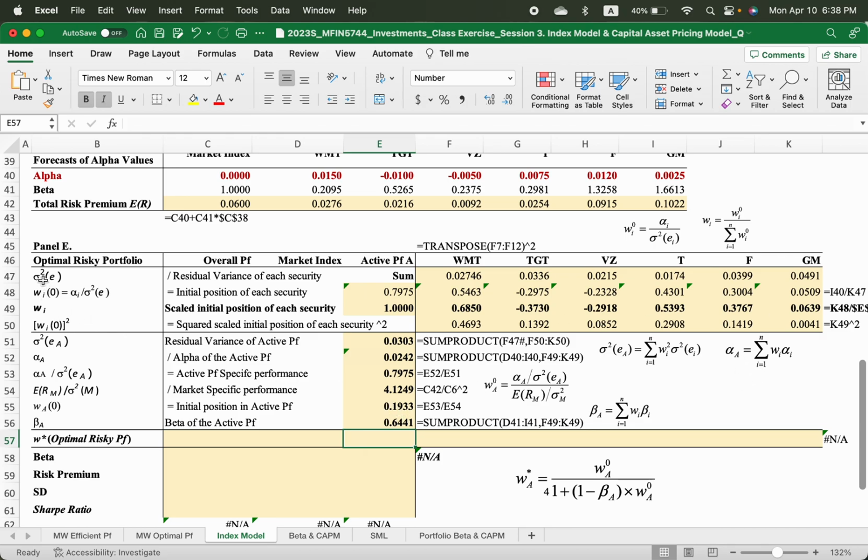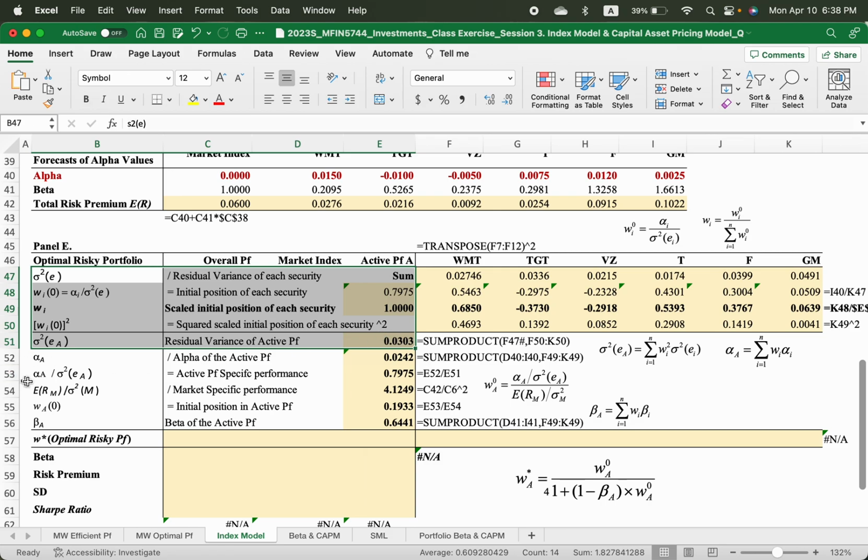So again, the point here, let's just summarize. Once we calculate the residual variance of each security, because that actually makes the active portfolio performance, right?